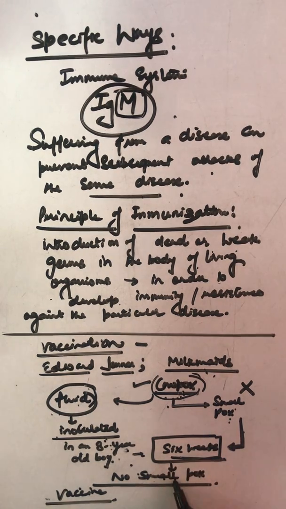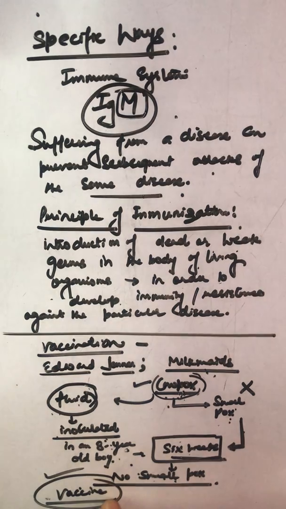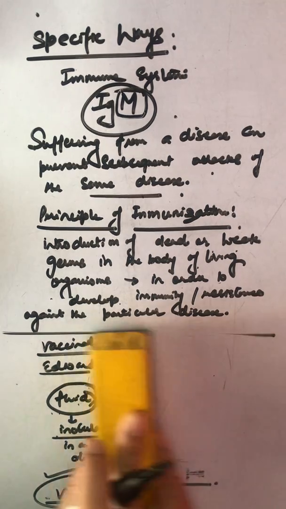The reason is that cowpox is quite related to smallpox, and therefore the boy's body had developed enough antibodies and immunity to fight off the infection. From there he coined the term vaccine. It is a process of introducing live or weakened microbes into the body of an organism to produce immunity against a particular disease.